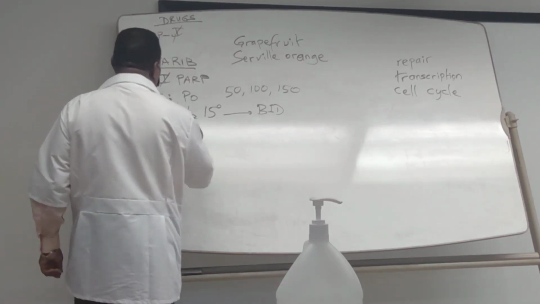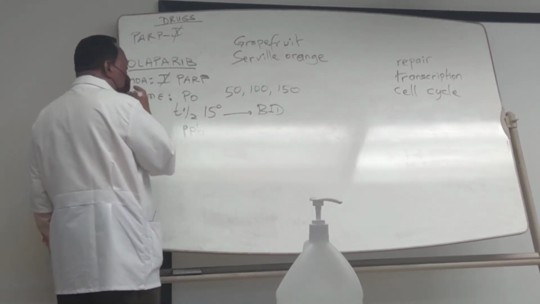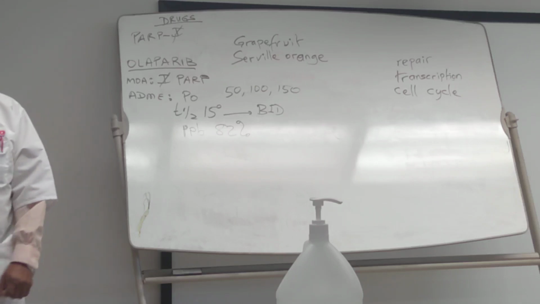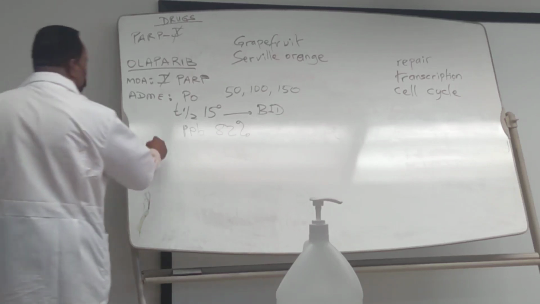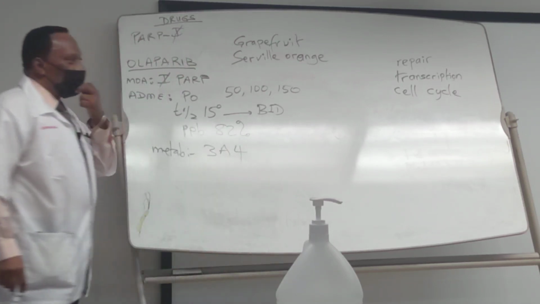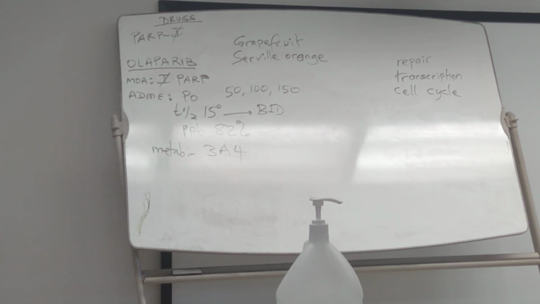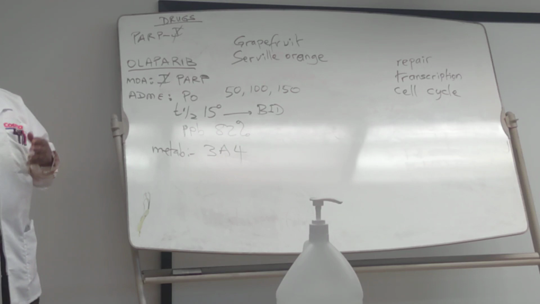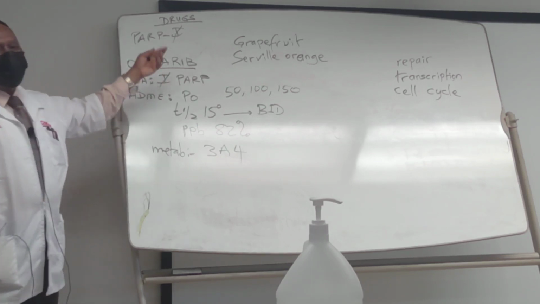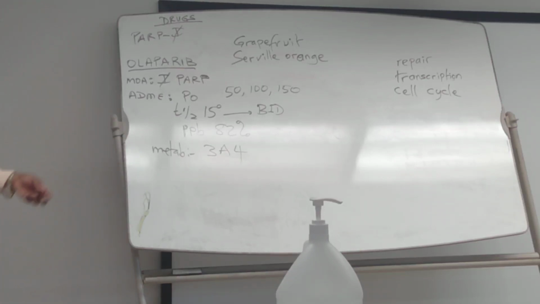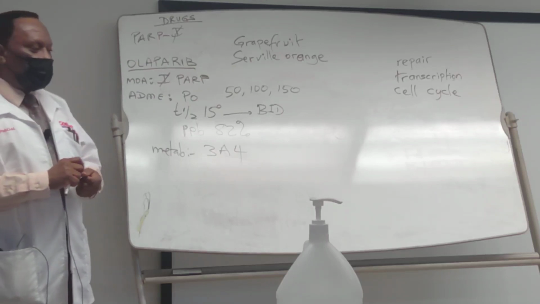In terms of the plasma protein binding of olaparib, it is about 82% plasma protein bound, and the metabolism is by your 3A4, so it is a substrate for cytochrome P450 and that's where you have drug-to-drug interactions with olaparib. So any drug that stimulates 3A4 will decrease the effectiveness of olaparib, and any drug that inhibits 3A4 will increase the plasma levels of olaparib.